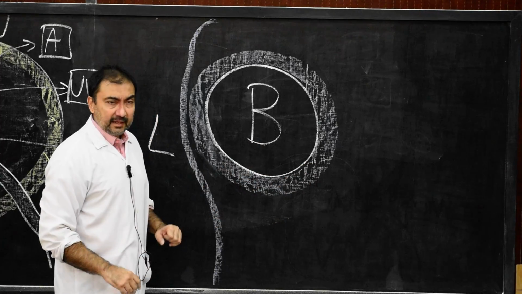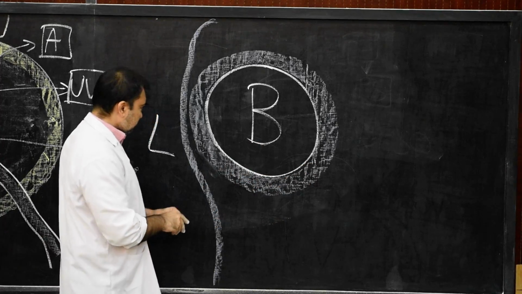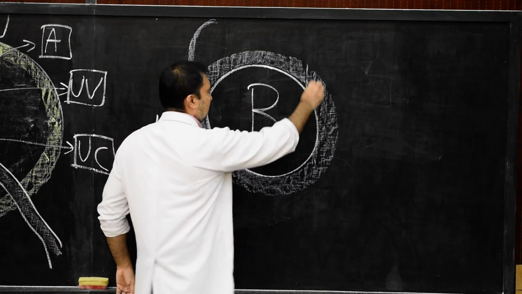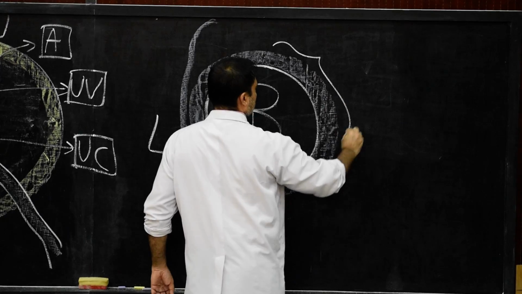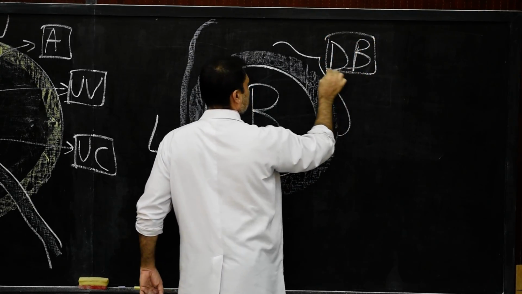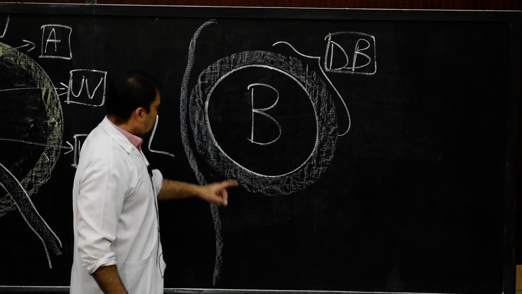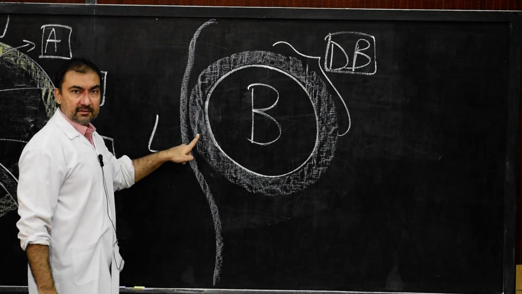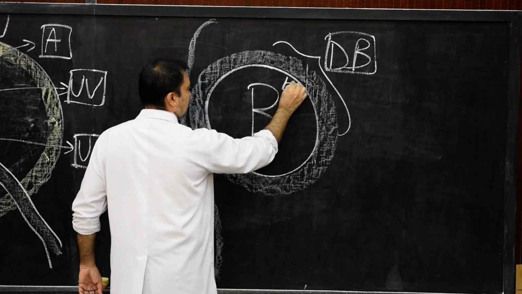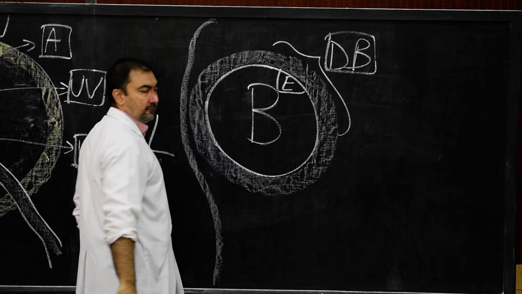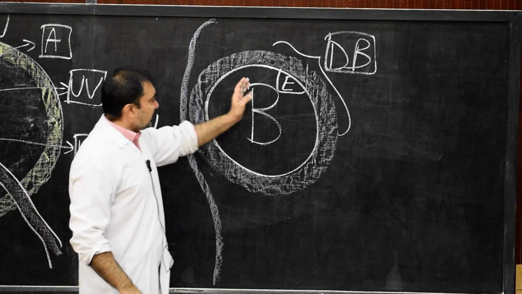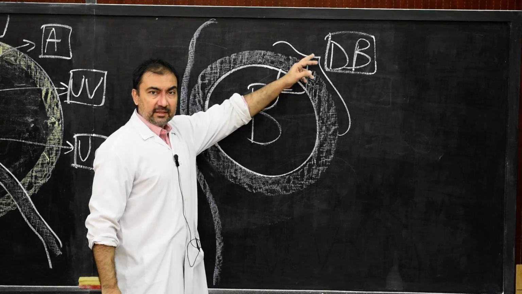Now the decidua is divided in such a way that the portion of decidua which is deeper to the blastocyst will be known as decidua basalis. This also we have discussed. The portion of decidua lying at the embryonic pole, supposing this is the embryonic pole of the blastocyst, the portion which lies deep to the embryonic pole is decidua basalis.